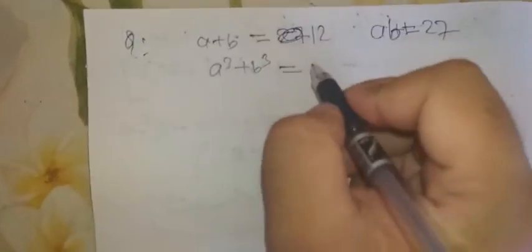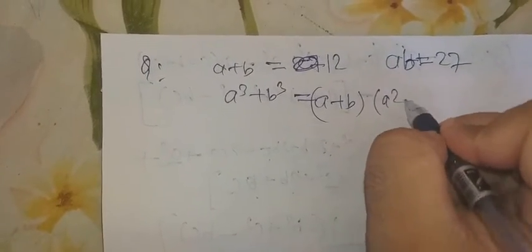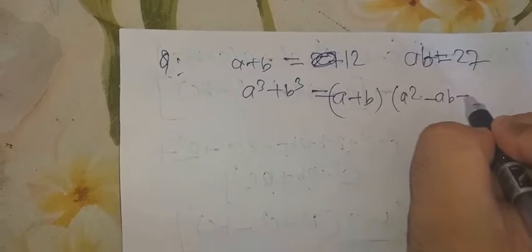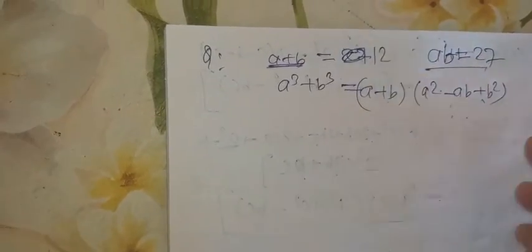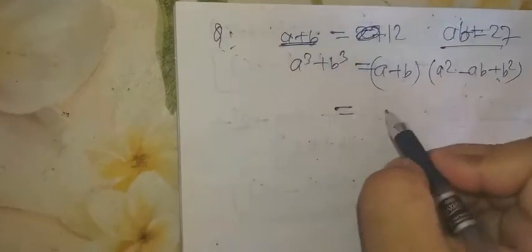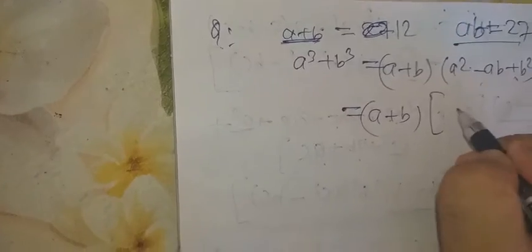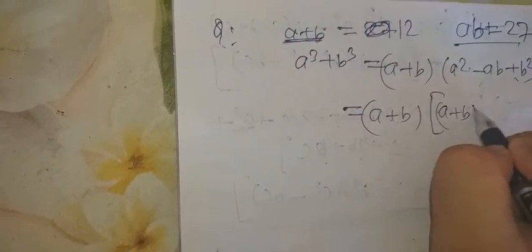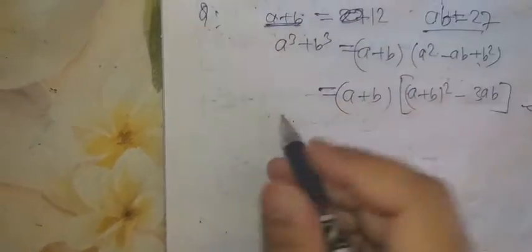What is the formula for a cube plus b cube? We have learned (a plus b) into (a square minus ab plus b square). The a plus b value we have, the ab value we have, but the a square plus b square value we don't have. So another formula we have learned is a cube plus b cube equals (a plus b) whole cube minus 3ab into (a plus b).